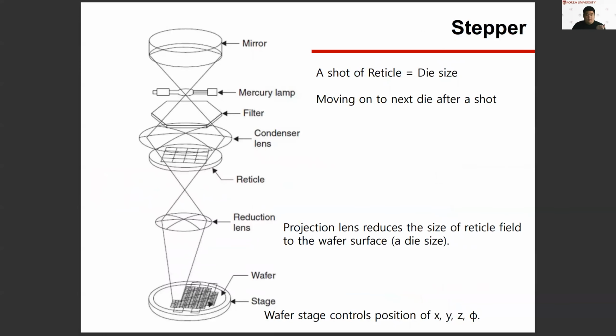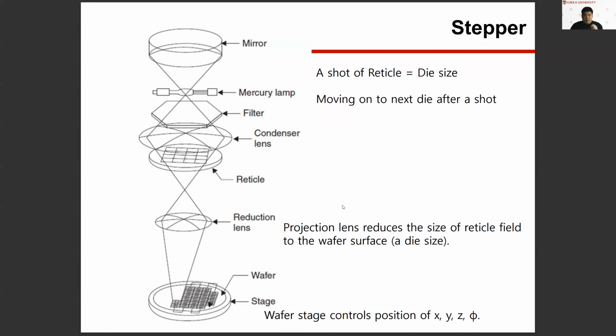For the projection printing system, because there are optical systems inside, the key is to make one die per one shot, rather than one shot for one whole wafer. So the wafer itself must move after each shot.